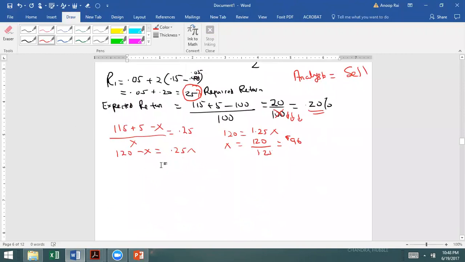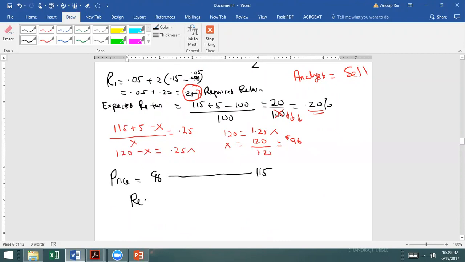And why is 96 the right price? Let me make it very clear. Basically, if you bought the stock for $96, let's see what your expected return is. You buy it at 96, and at the end of the year, you sell it for 115.